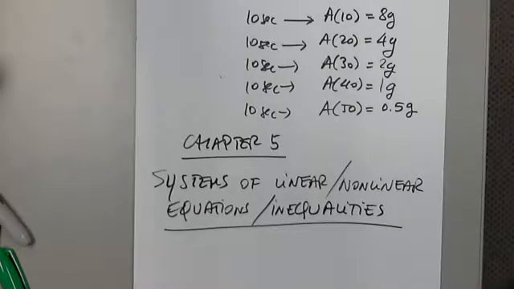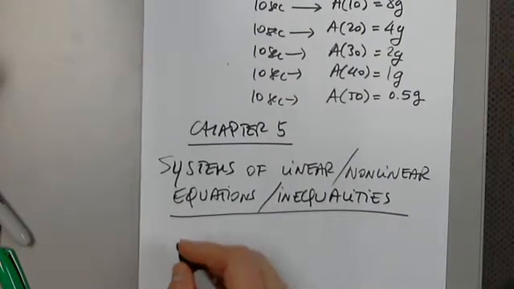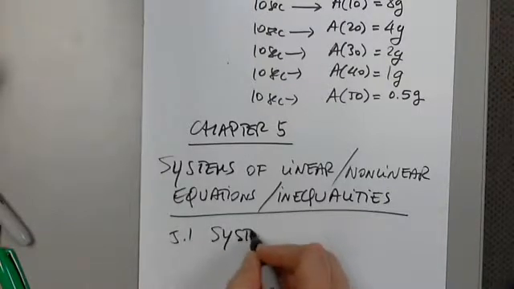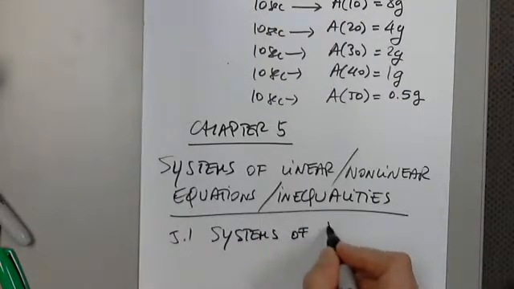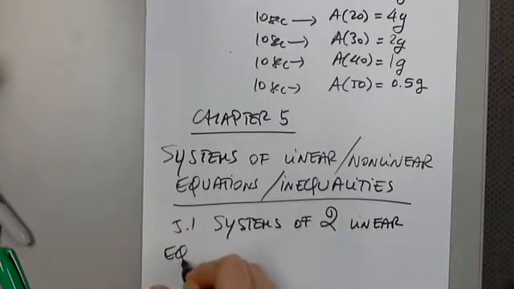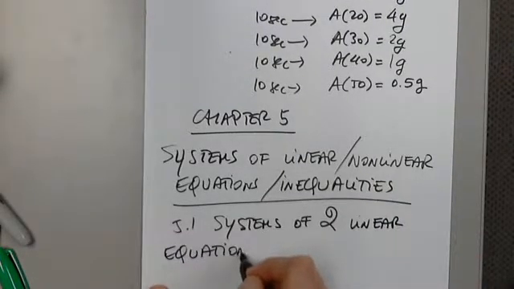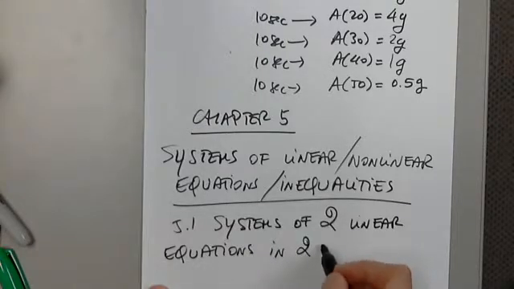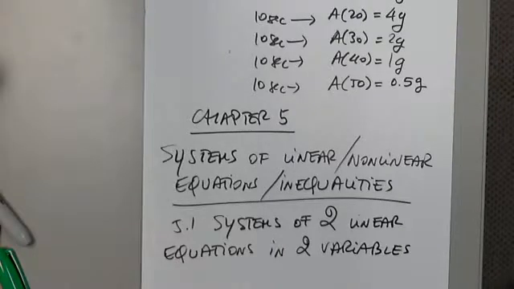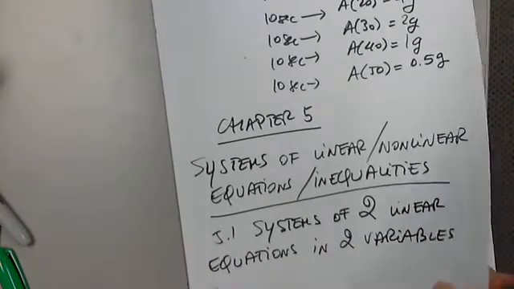It's a big title. Okay, let's start with 5.1. Systems of two linear equations in two variables. Nothing new in this section. However, we'll start from scratch.